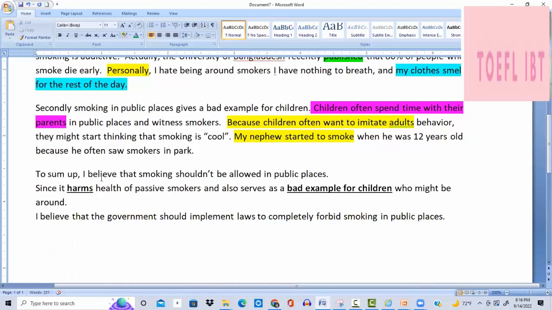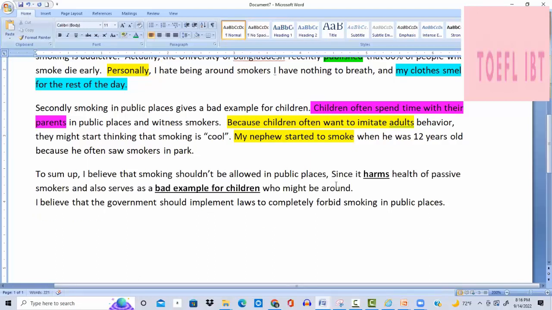Then here's your summary. To sum up, I believe that, your thesis statement, smoking shouldn't be allowed in public places, since it harms the health of passive smokers and also serves as a bad example for children who might be around. Okay, so maybe I did have to have another one.